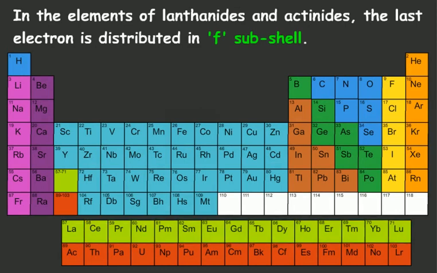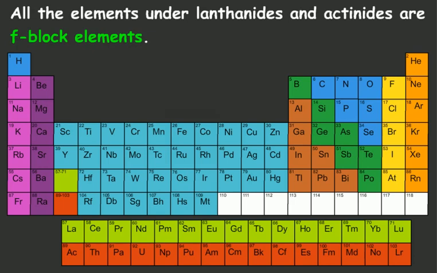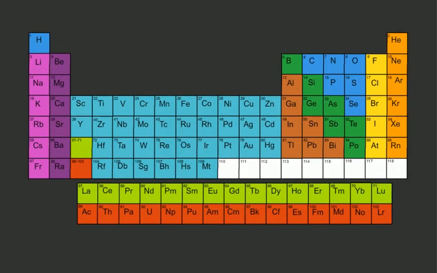In the elements of lanthanides and actinides, the last electron is distributed in F subshell. So, all the elements under the lanthanides and actinides are F-block elements. F-block elements are also known as the inner transitional elements.